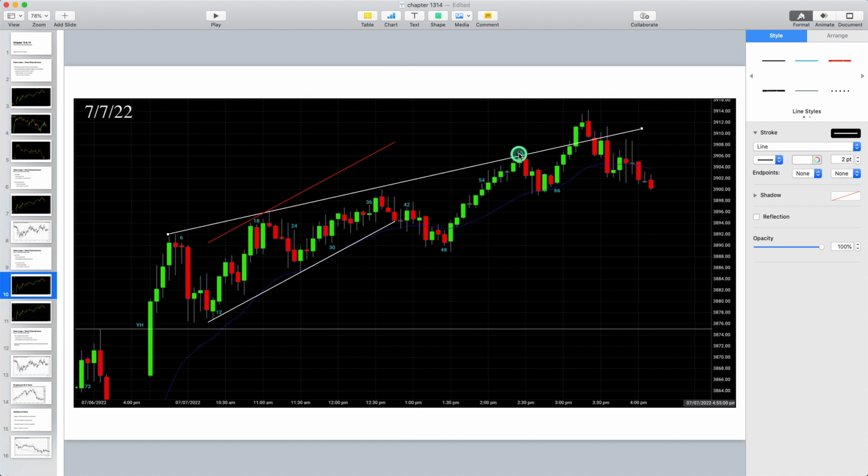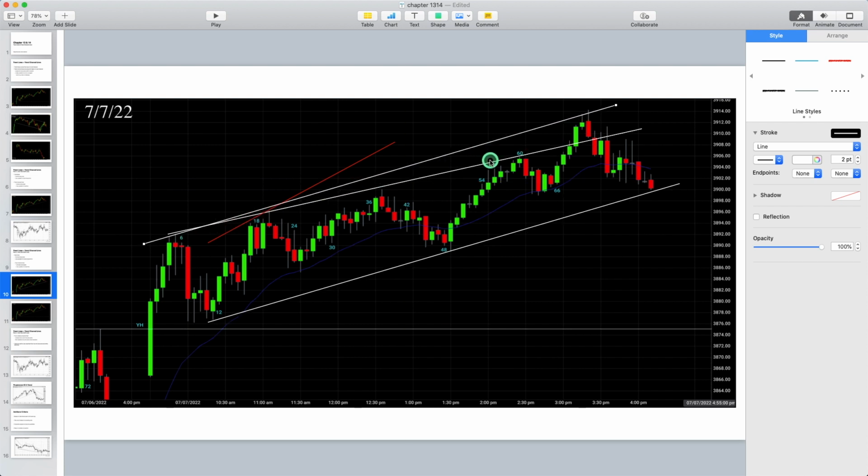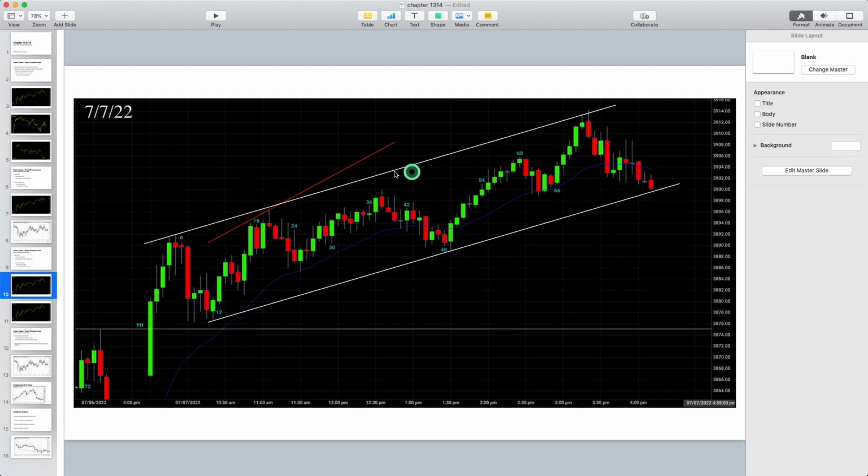And so if I extend this line across here, you can see that we have a very clear overshoot here. And so this obviously is significant because it's happening late in the trend. But if I take this line here and draw it across the swing lows and then take a parallel and put it up here, you can see that it does a decent job telling the story here as well.